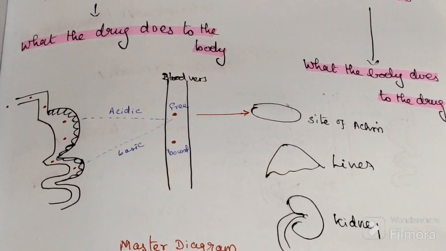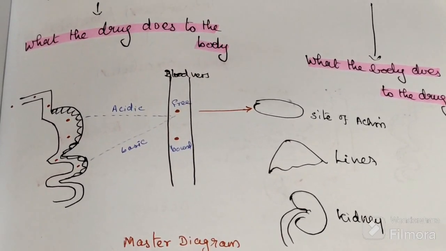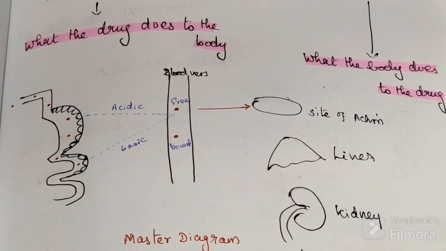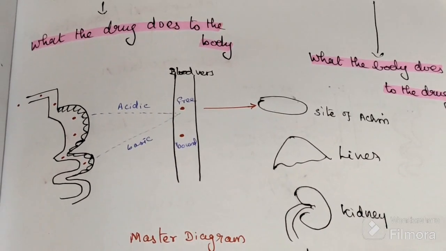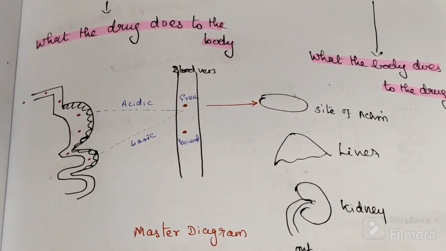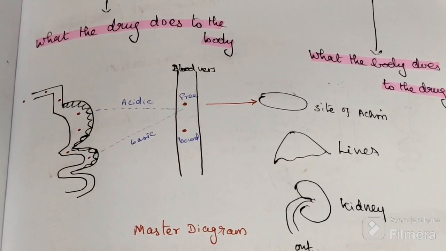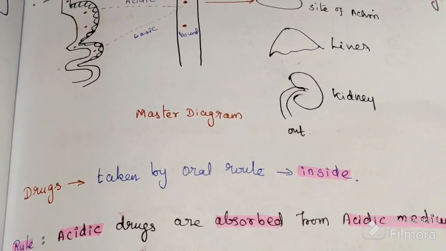It is not necessary that the drug is always given by the oral route. It may be given by the intramuscular route, the inhalational route, or the rectal route.